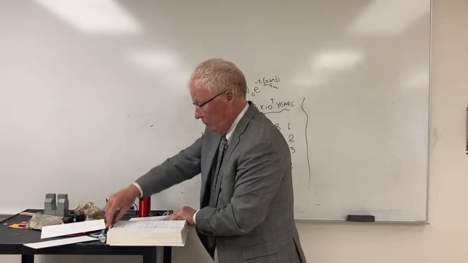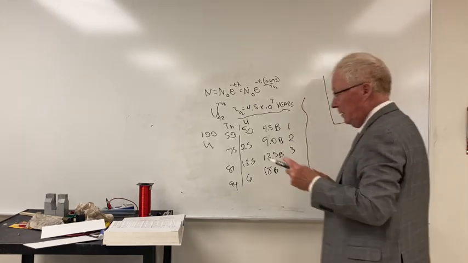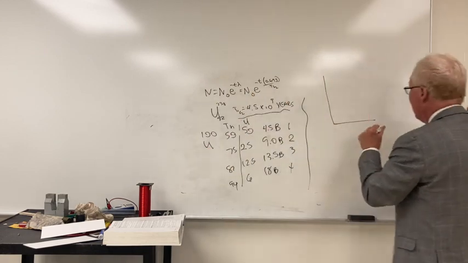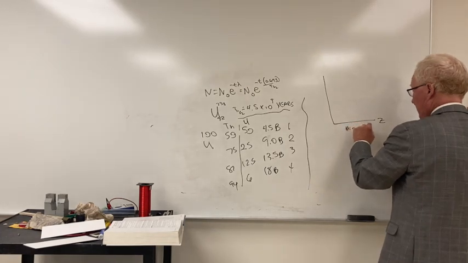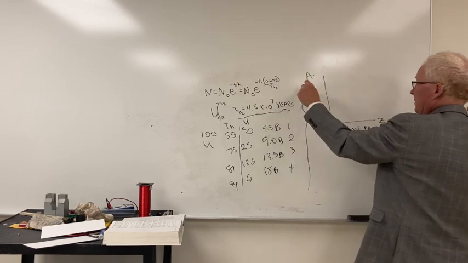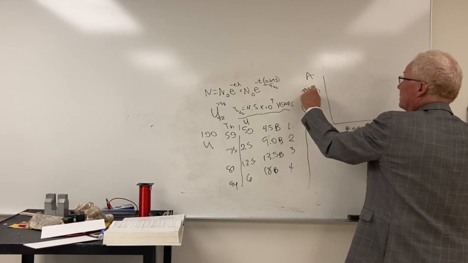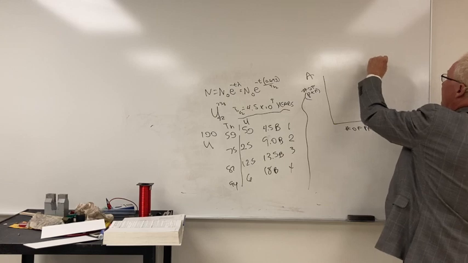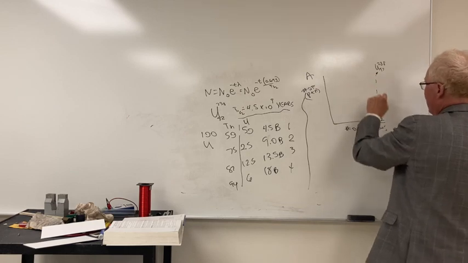The way this works is if we have a graph of what we call Z, which is the number of protons, and here's A, the mass number, the number of protons plus neutrons. So we start with uranium-238, which starts at 92.